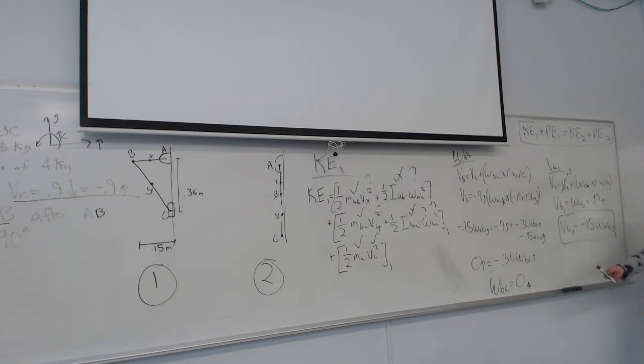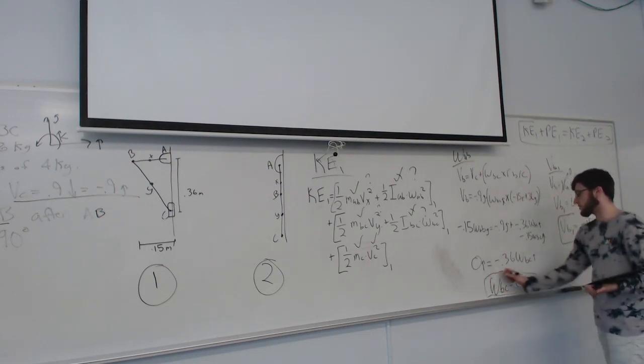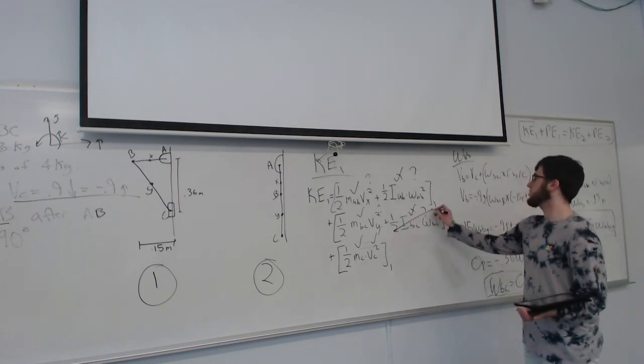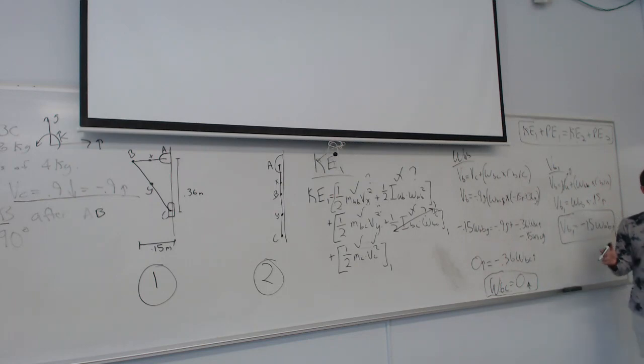The angular velocity is in the k direction, right? So now we know this term is 0. So going back to here, this whole term is 0, right? Okay, so that's 0. And because that's 0, is everyone good if I erase this?